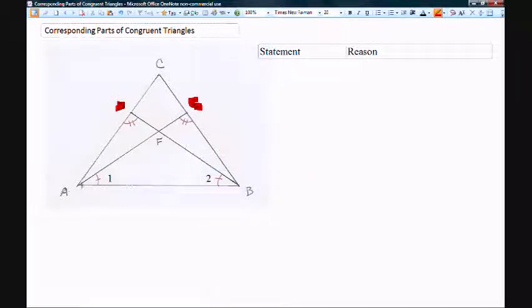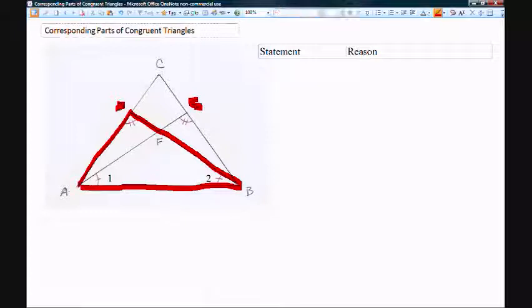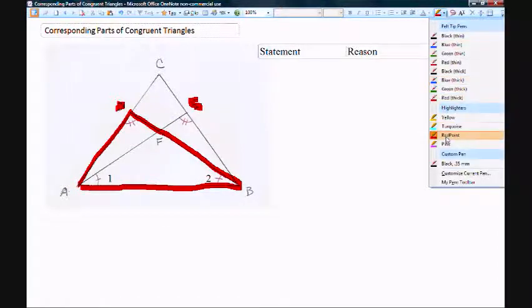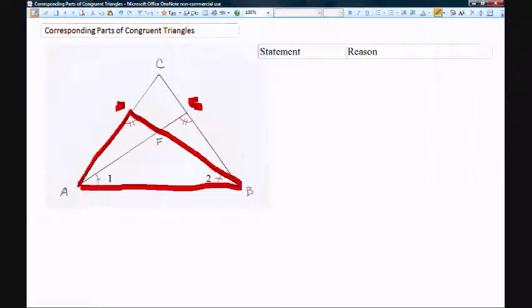If I pick triangle ADB, you're going to notice that it has two angles that are congruent to the two angles of the other triangle. You're also going to notice that both triangles are sharing the same side, just like in yesterday's closer.